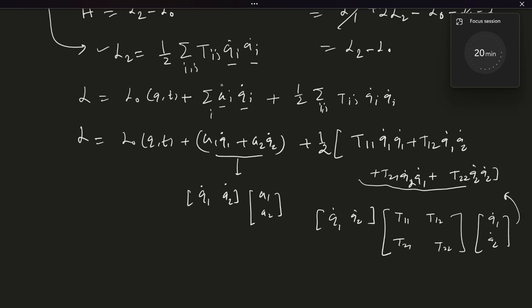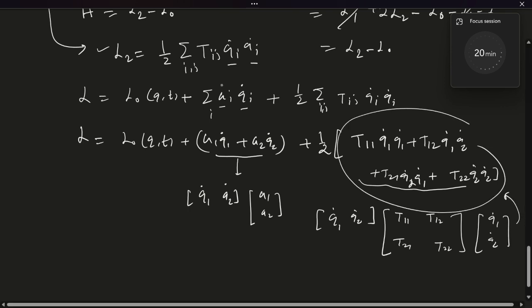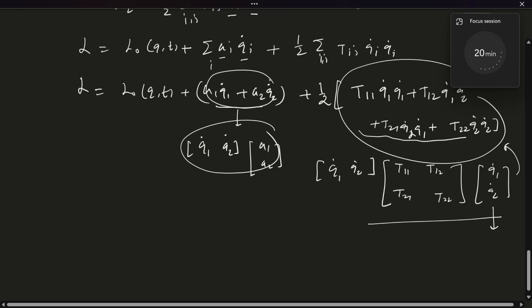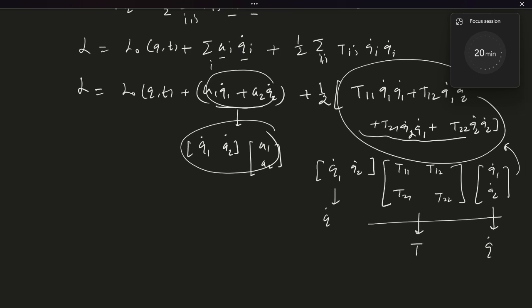If you do that, you'll get this whole thing from here. If I call the column q1 dot q2 dot the q dot matrix, and the T matrix as is, then the row form is the q dot transpose, which I write as q dot tilde. And this is your A matrix.